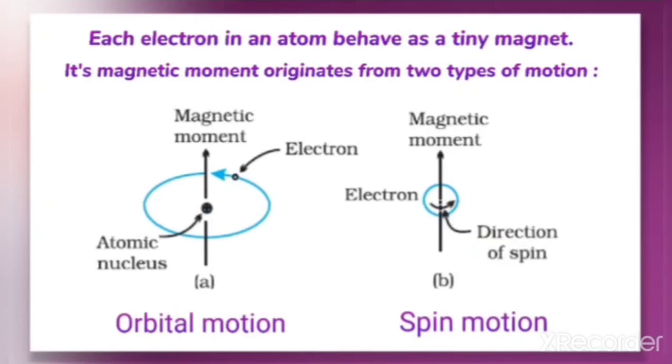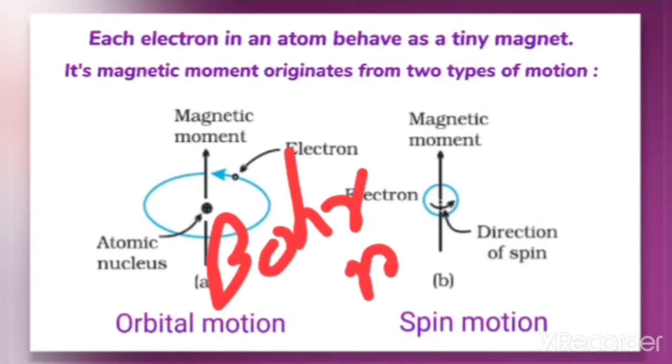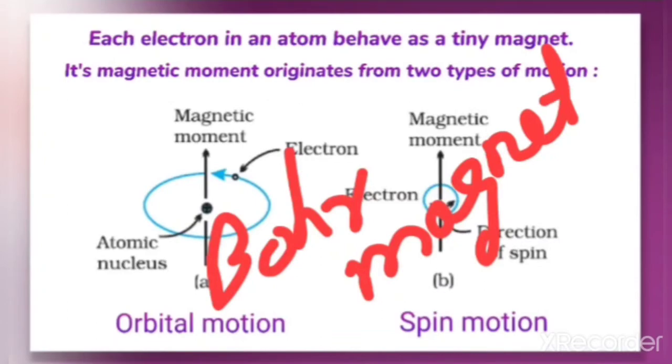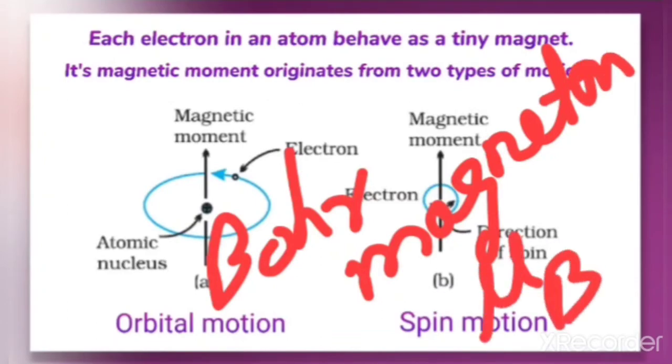The magnitude of this magnetic moment is very small and is measured in the unit called the Bohr magneton, which is represented by mu B. So because the electron is in motion, it is associated with a magnetic moment, and the magnitude of this magnetic moment is very small.